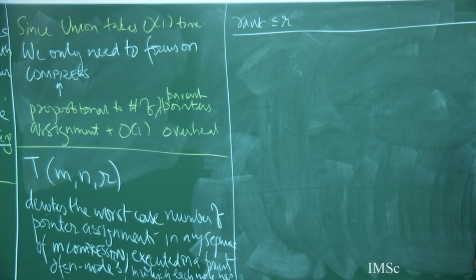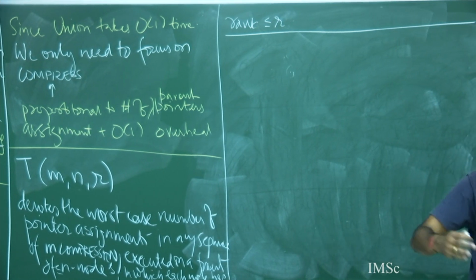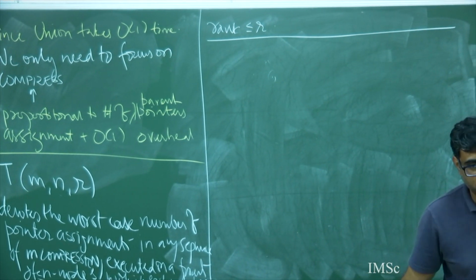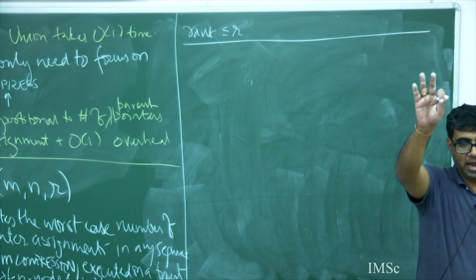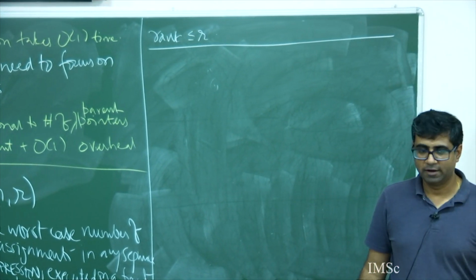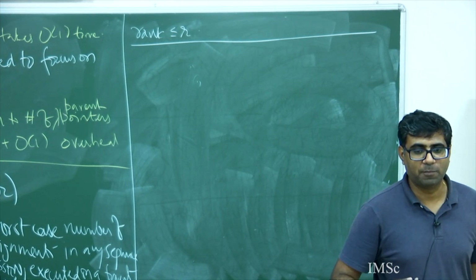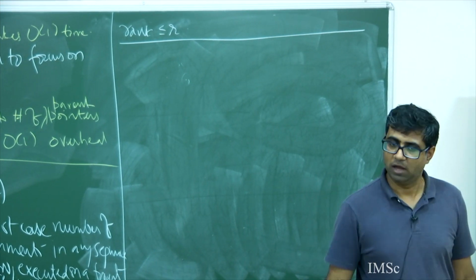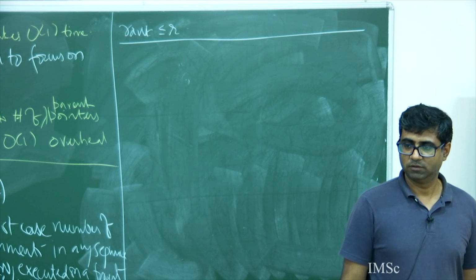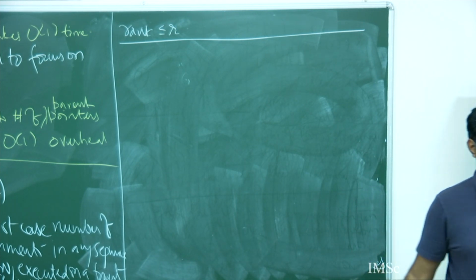So what is T(M, N, R)? Suppose we had a sequence, an arbitrary sequence, of M compress operations over an N-node forest, right? And what is the property of this forest? The rank of any node is upper bounded by R.